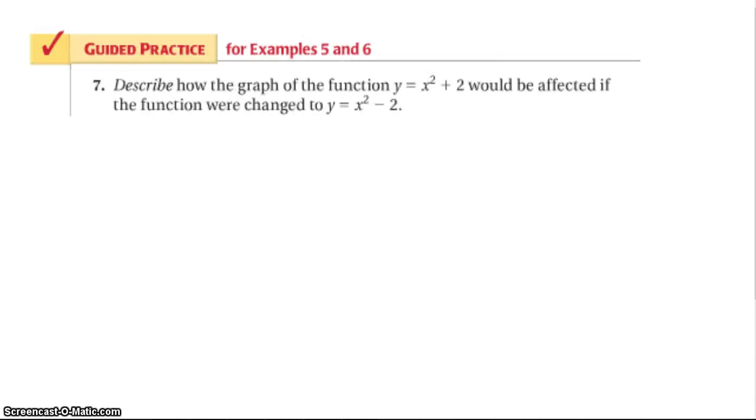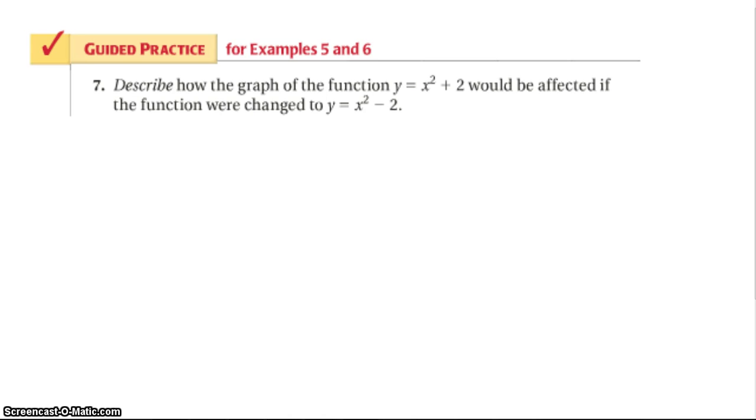Okay, so quietly, how does the graph of y equals x squared plus 2 change if we have y equals x squared minus 2? Jot your notes down. How does that change? Give me as much detail as possible in as few words as possible. Who thinks you have it in as few words as possible?